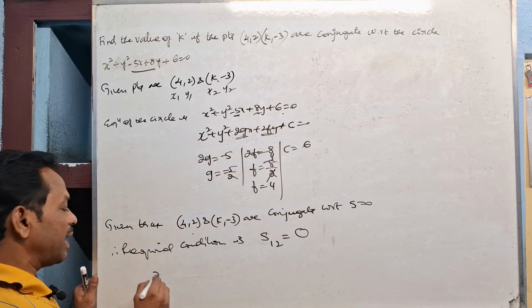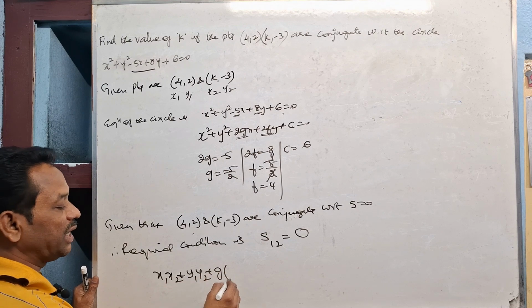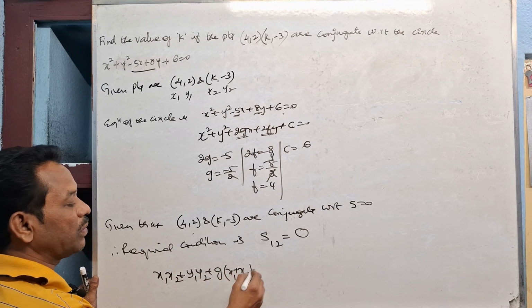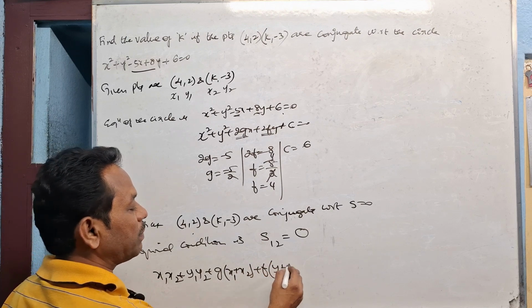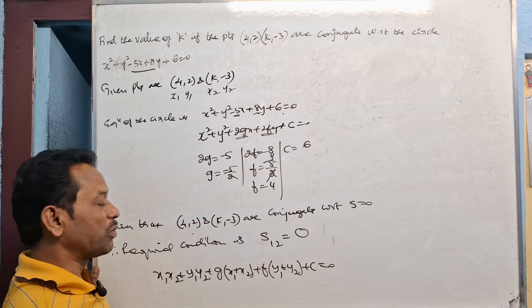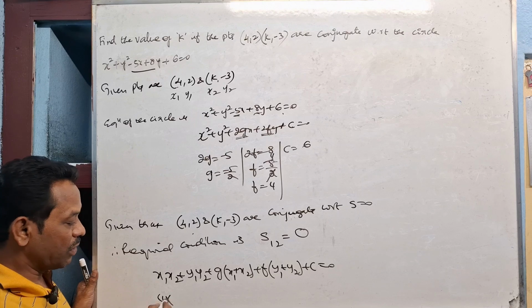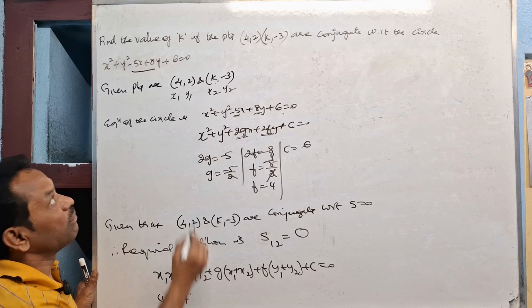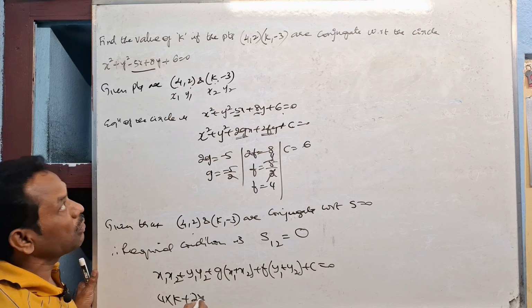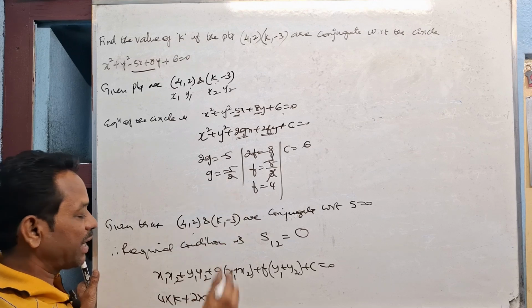So S12 is nothing but x1 x2 plus y1 y2 plus g into (x1 plus x2) plus f into (y1 plus y2) plus c equal to 0. Okay, now let me put the values. x1 is 4, x2 is k, y1 is 2, y2 is -3, g is -5 by 2.